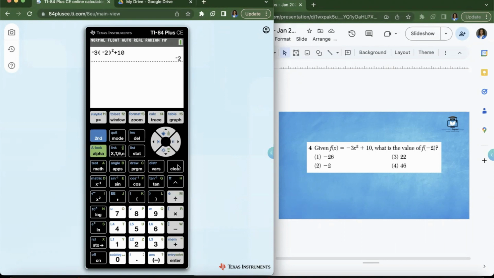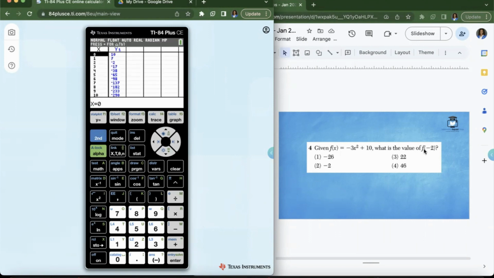But there's another way that I want you to check your answer or get to the answer a lot faster. Go right on over to y equals, and you are going to write in the function. So you have negative 3 times x squared plus 10. And then we're going to hit second graph. And guys, remember what they said?